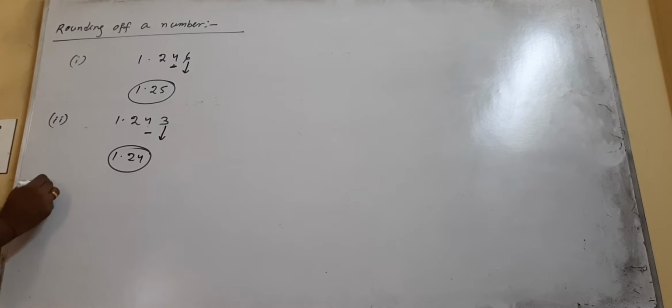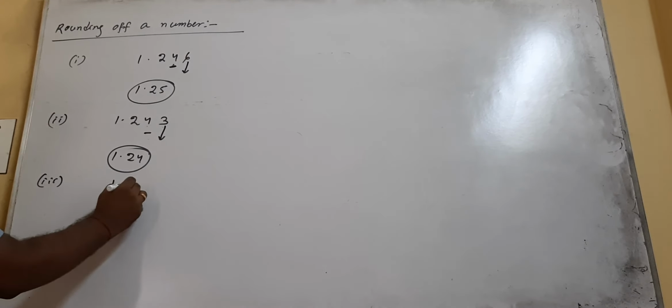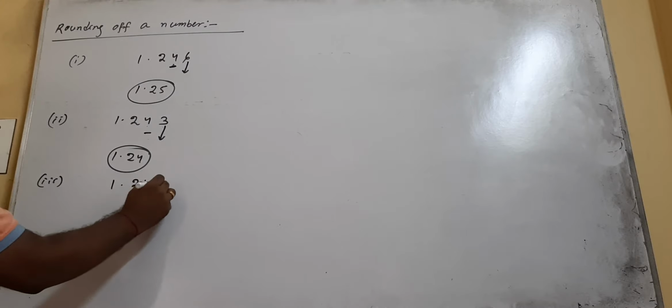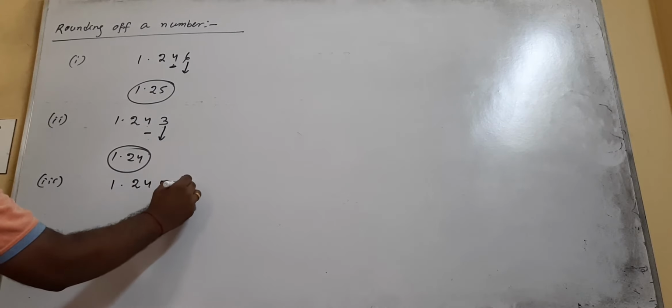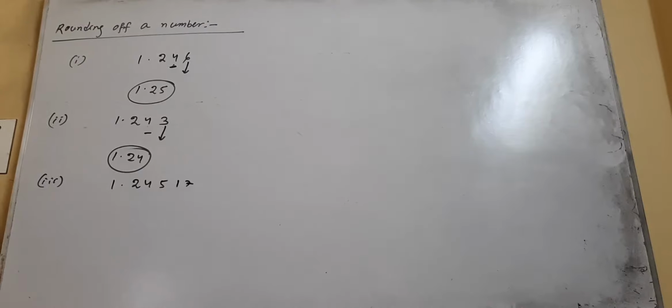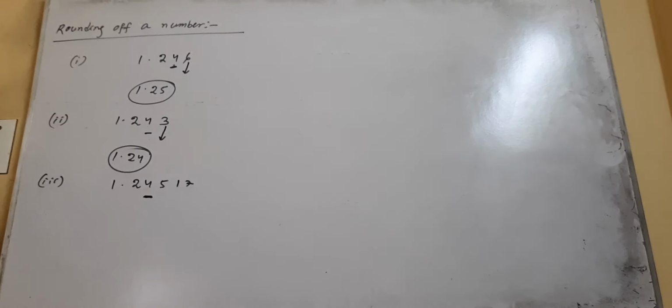Then if the digit to be dropped is 5 and followed by some non-zero digits, that means 1.24517. Round the number up to 3 digits. That means we have to round at here.